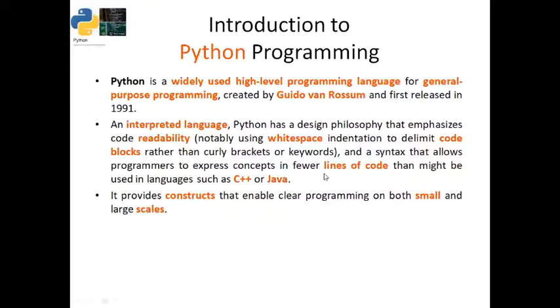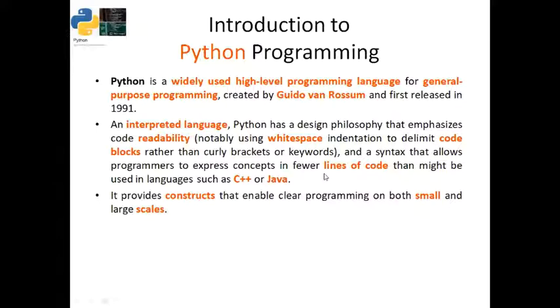Python's design philosophy emphasizes code readability. The meaning of the statement is that the main objective of Python is code readability. It can be visible to all people. Suppose a new programmer joins, he is able to understand the code very easily, then he can adapt to work with the program. Notably it uses white space indentation to delimit code blocks rather than curly braces.